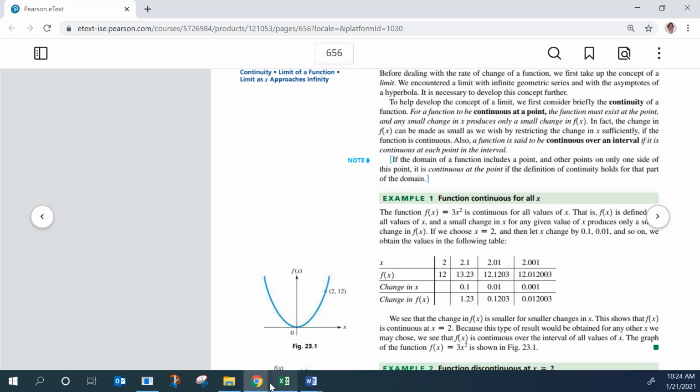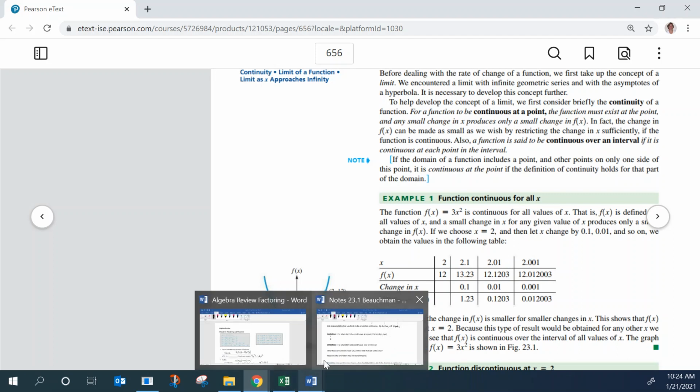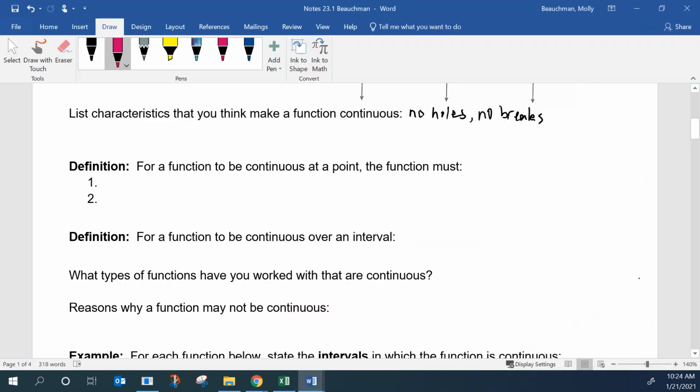So let's write down those definitions instead of no holes and no breaks. For a function to be continuous at a point, the function must be defined. That means for every x, f of x, there is a y coordinate. And that takes care of the hole.